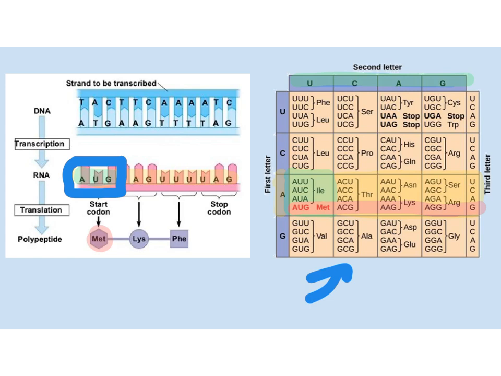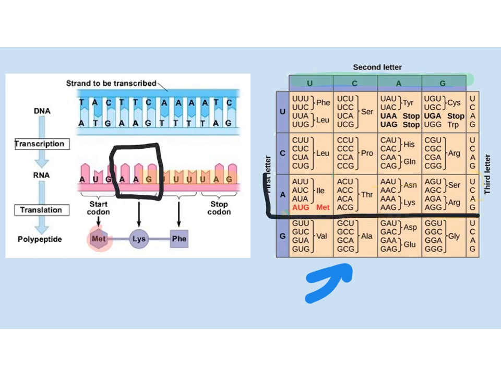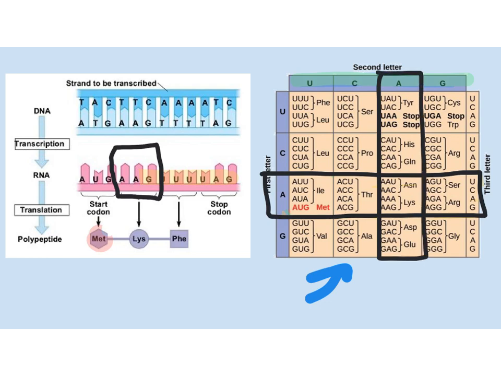Now let's do the next one. I'm going to erase this. My next 3 letters are A, A, G. Let's see where AAG is. My first letter is A, so I know I'm going to be in this row, and my second letter is A, so now I'm in this box.